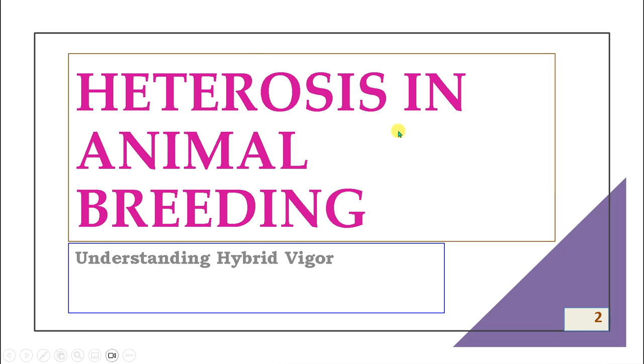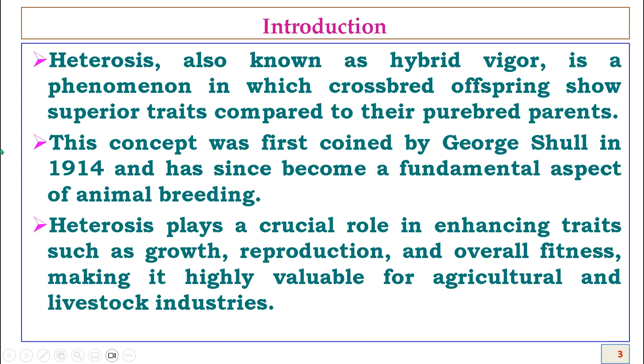As the introduction, heterosis is also known as hybrid vigor, which is a phenomenon in which the crossbred offspring show superior traits when compared to the purebred parents.